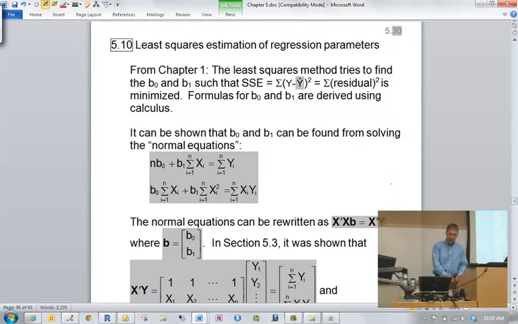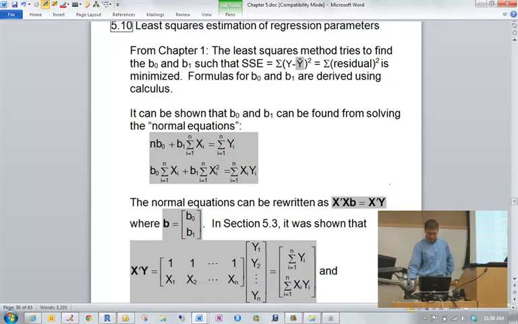Okay, page 30. Let's talk about how we find these estimates of beta 0 and beta 1. We've actually already kind of hit on this, but there's one main thing I want to mention. You will often hear people refer to things called normal equations when they are working with least squares estimation.